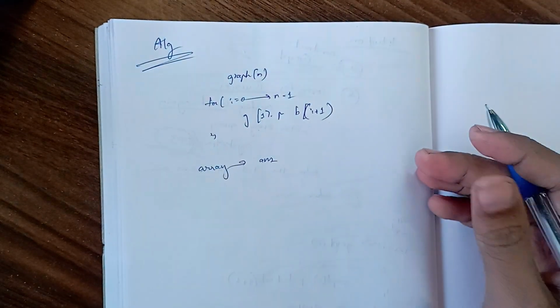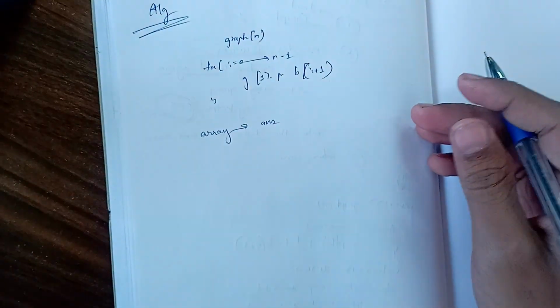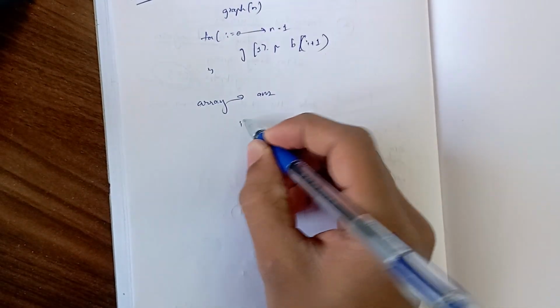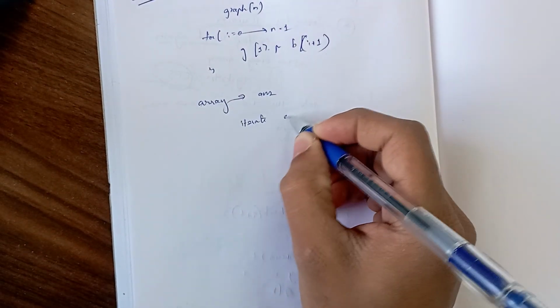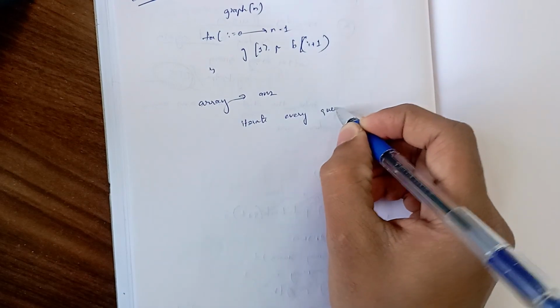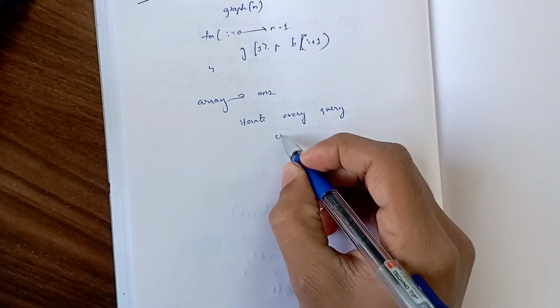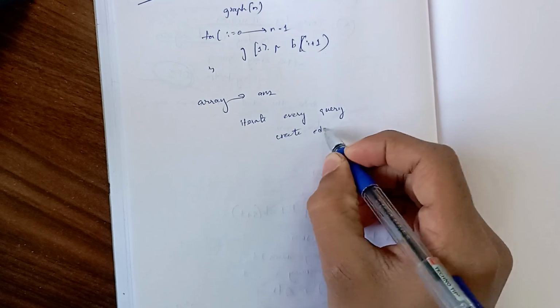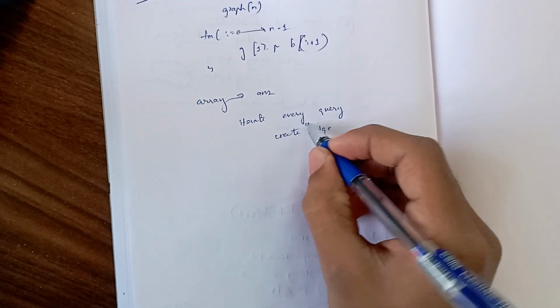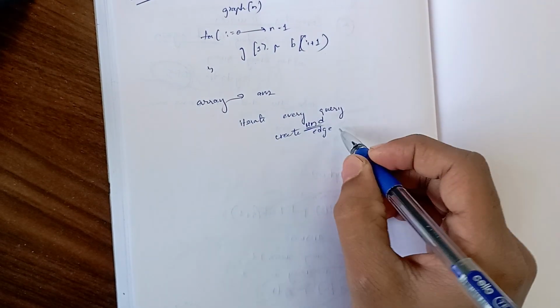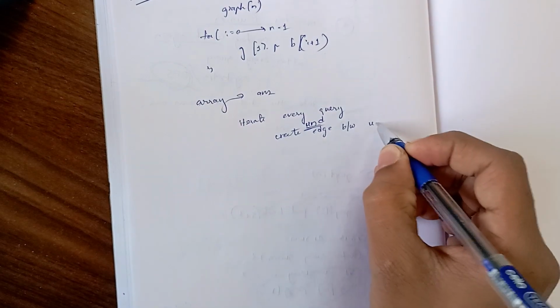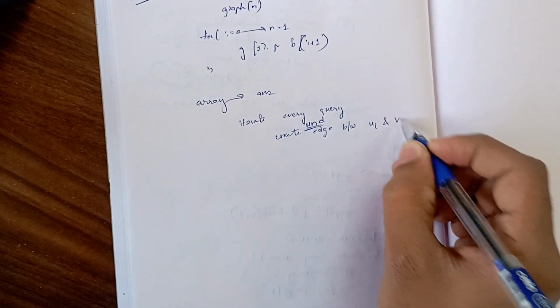In this answer array, we need to push the shortest distance after every query. That means iterate every query and create an undirected edge between ui and vi.